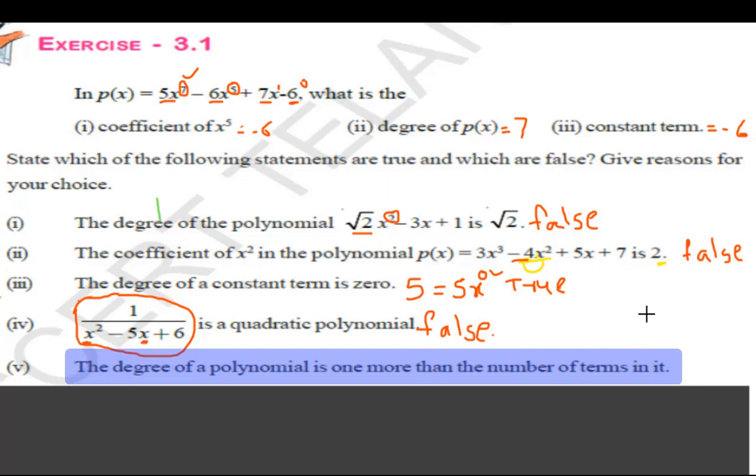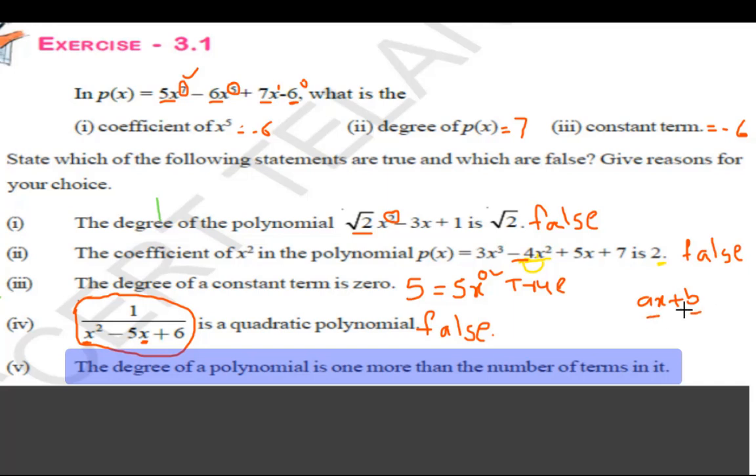Suppose we take the general form of a linear polynomial, that is ax plus b, where a and b are real coefficients and a is not equal to 0.